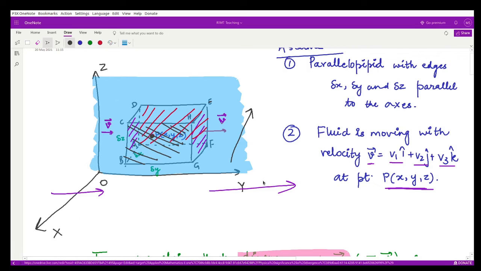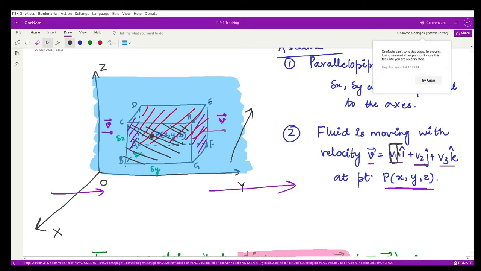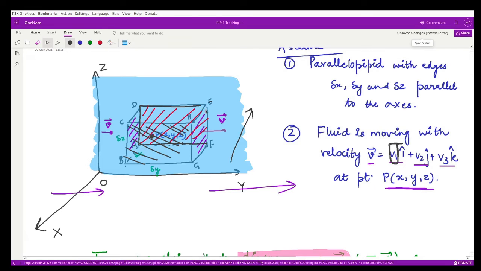If we assume that at the point P the velocity has x component V1, then for the back face of this parallelepiped, because we are moving in the negative x direction, the velocity component would be subtracted.